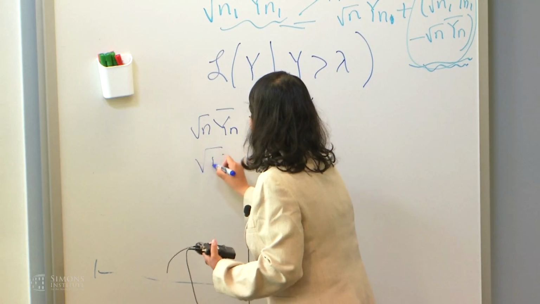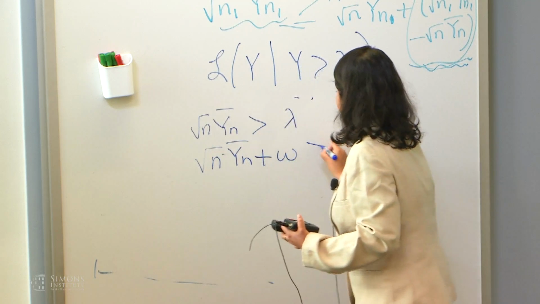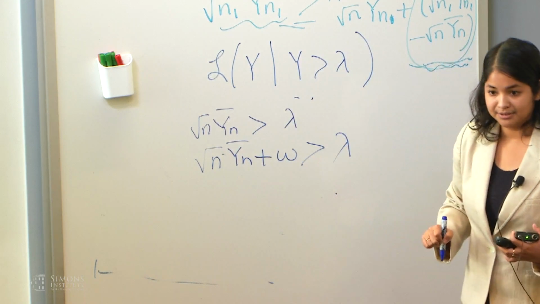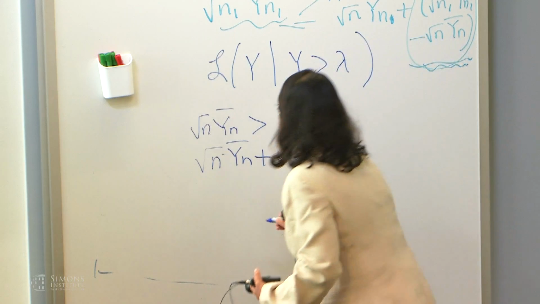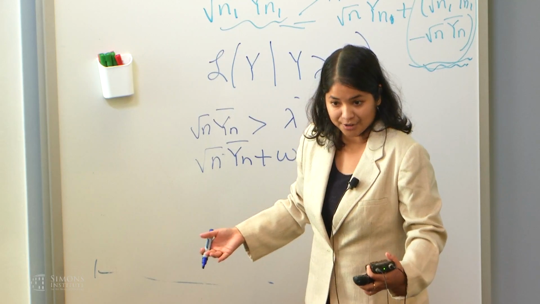Now instead of this selection, I'm looking at this greater than lambda, right? So what is the selection-adjusted law that I'm looking at?